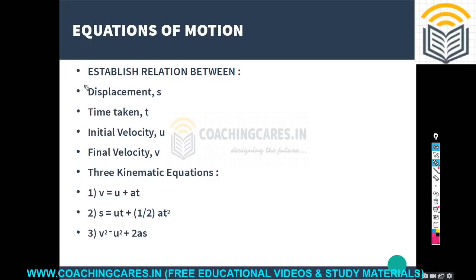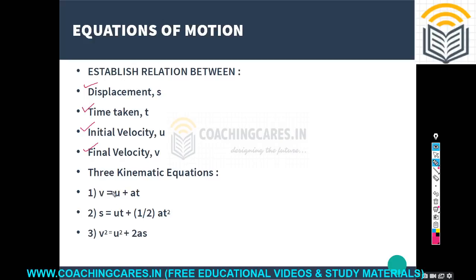One is the displacement, another one is the time taken, initial velocity, final velocity. These are the quantities which are used to describe the motion completely in different conditions, and these equations are established with all these quantities.